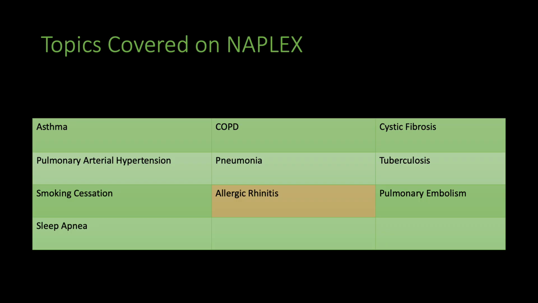And so one of the domains, as I mentioned, is really knowing the mechanism of action of these drugs. So let me talk you through it so that you can use it as a review.